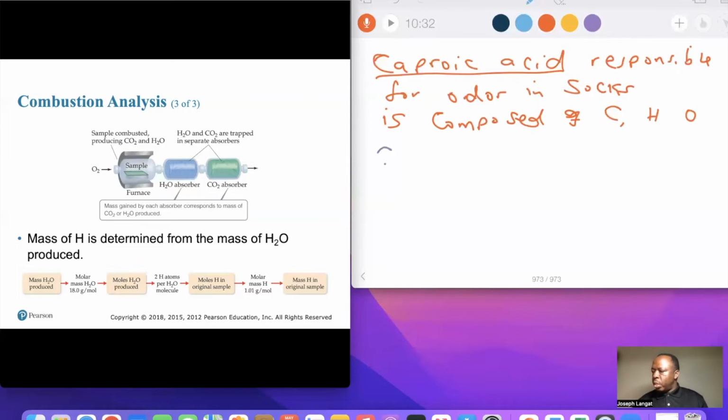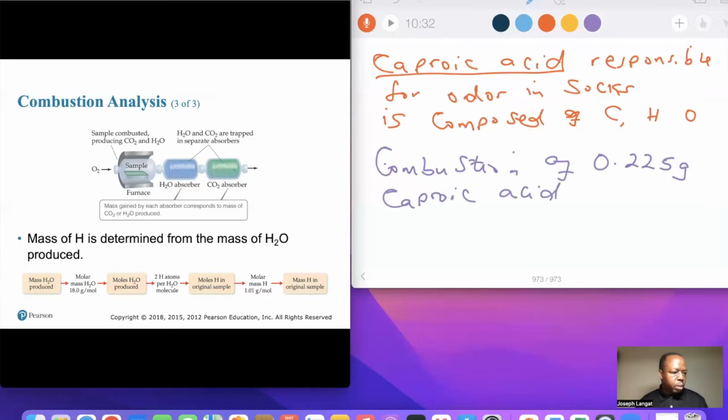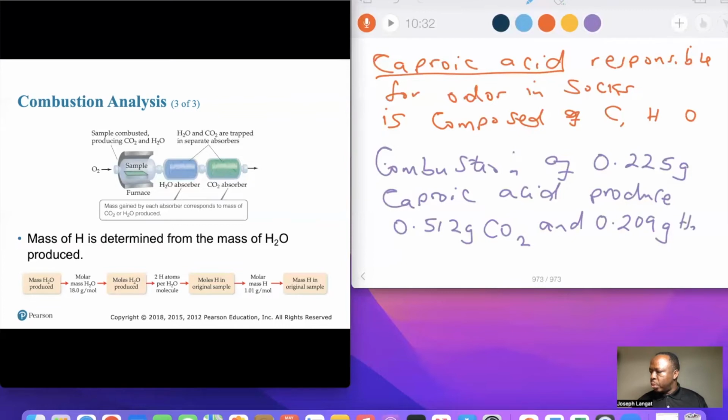Here is the question. Combustion of 0.225 grams of acid produces 0.512 grams of CO2, this is CO2, not H2O, and 0.209 grams of H2O.